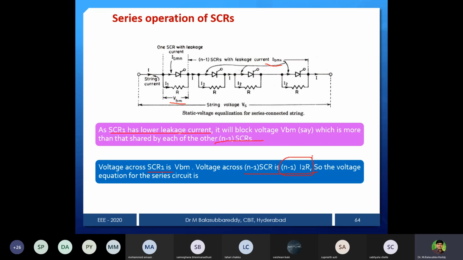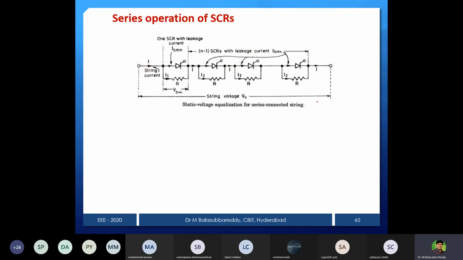If I want to know the total string voltage, I can add these two: VBM plus n minus 1 into I2R. That will give Vs. So now from this, Vs is equal to VBM, the first SCR, plus the n minus 1 SCRs, that is n minus 1 into I2R. So like that, we can simply derive this.